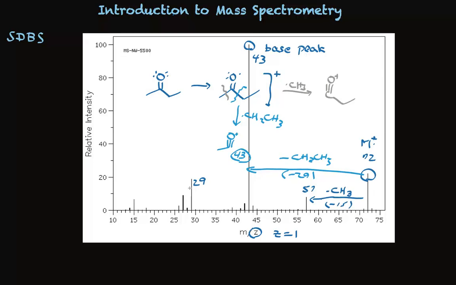Which brings me to another point. Look at the pattern that we see. This will be unique for this exact structure. If using a single instrument, you take the mass spectrum of two different samples, and they give not only the same molecular weight, but the same pattern of relative abundances, those two samples are the same structure.